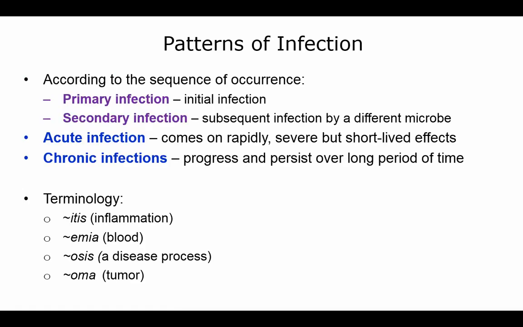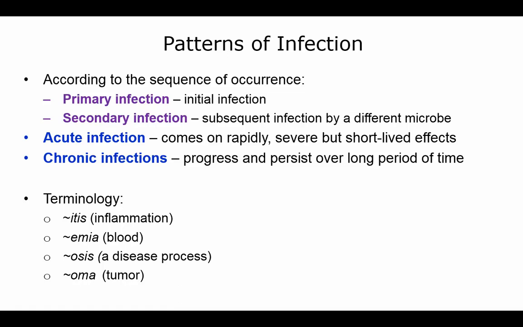We also have the terms primary versus secondary infection. So primary infection being the first infection, the initial infection. Secondary is typically opportunistic. So it's an infection that happens because your immune system was already suppressed. And then of course they mentioned the difference between acute versus chronic. So acute, everything is fast.